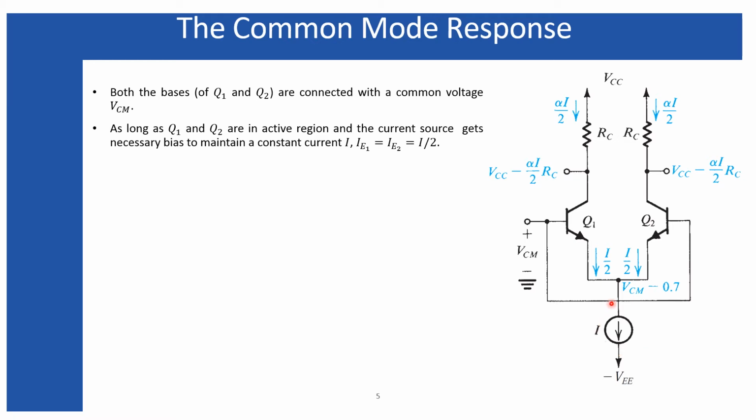So as long as the collector to emitter voltage of that transistor is sufficient, meaning proper biasing is available for this current source, then for the entire range of the input or common mode voltage, the emitter current of Q1 and the emitter current of Q2 will be equal to each other, and that is I divided by 2, because the summation of their two emitter currents equals this bias current I. As their emitter current is I by 2, their collector current will be alpha I divided by 2, and these two collector currents will also be equal to each other, because you have applied a common mode voltage.